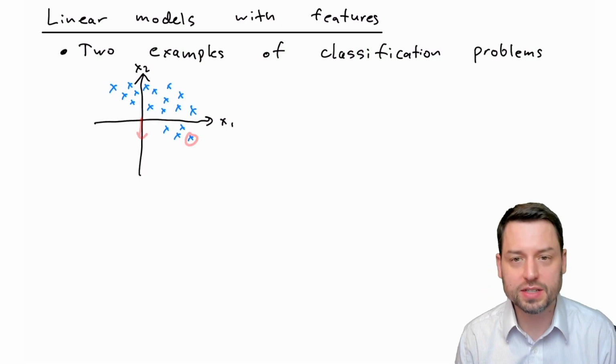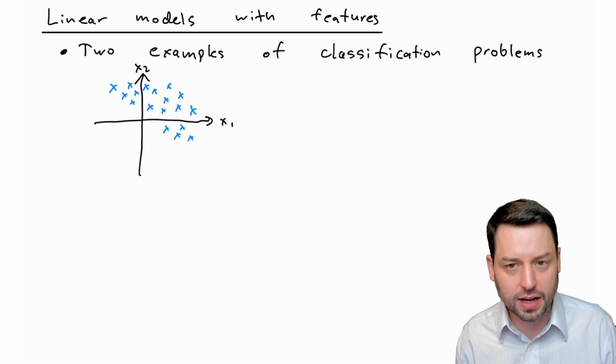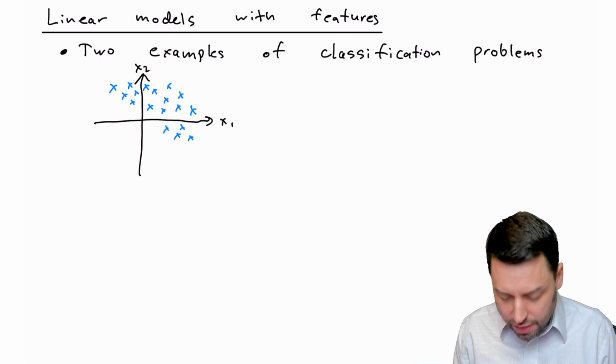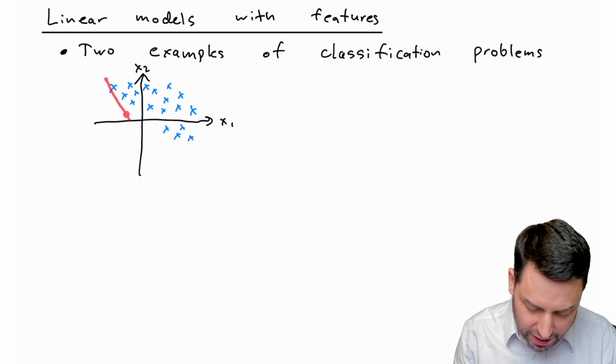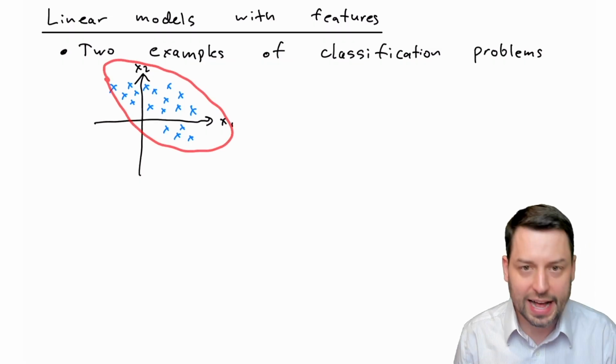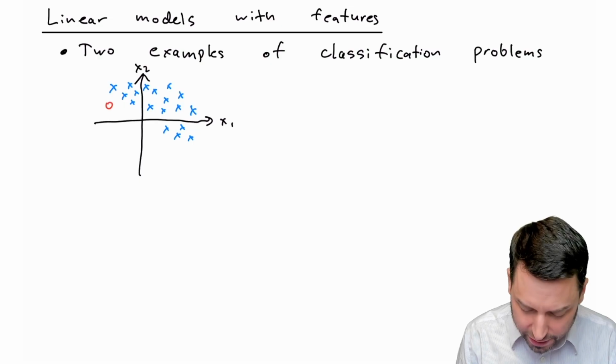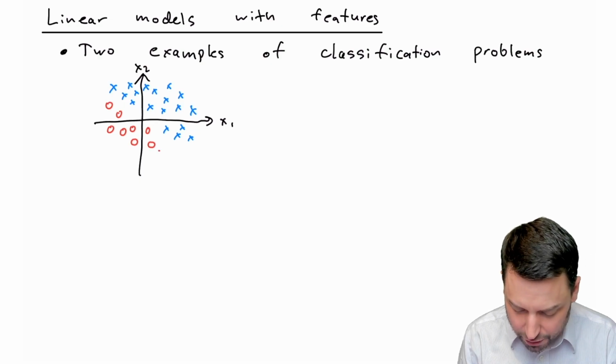So this point represents some specific setting of x1 and x2. And these points in this simple setting are all labeled with class 1. In contrast, these points here are a set of different points, and they're all labeled with class 2.